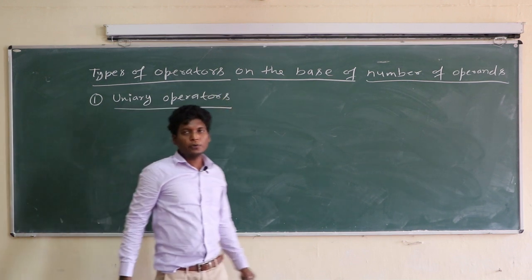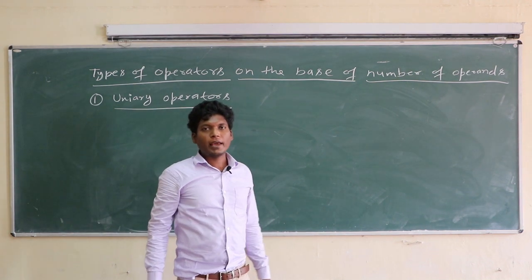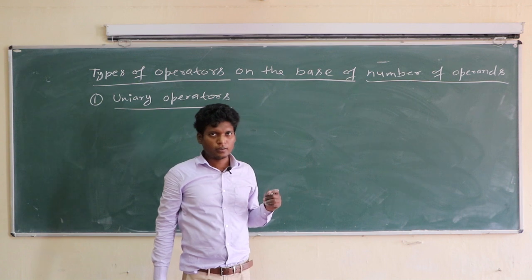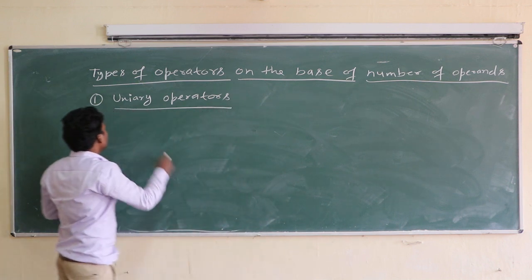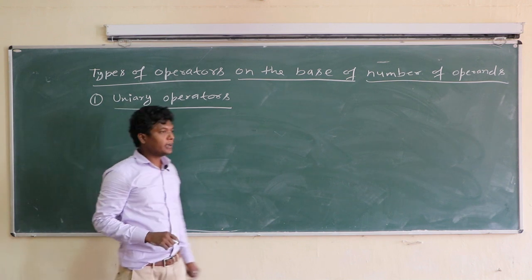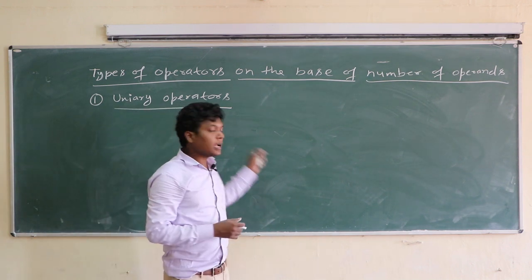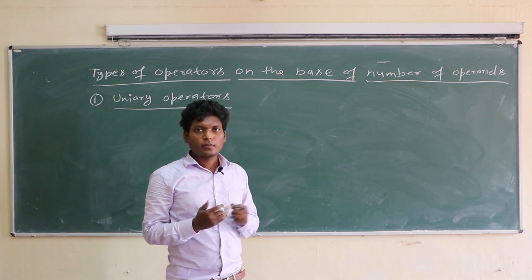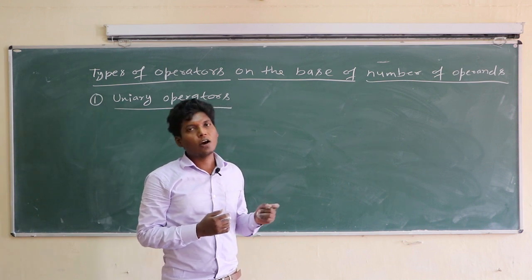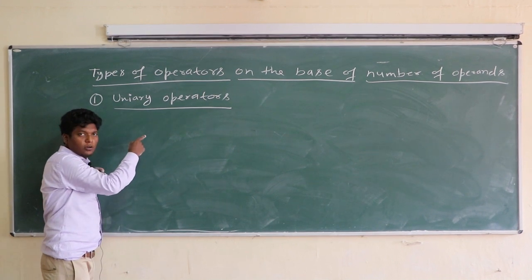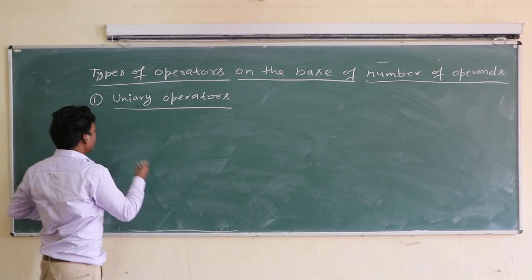We already told you that constants and variables in terms of arithmetic operations are called operands. Unary operators are the operators who work with a single operand.